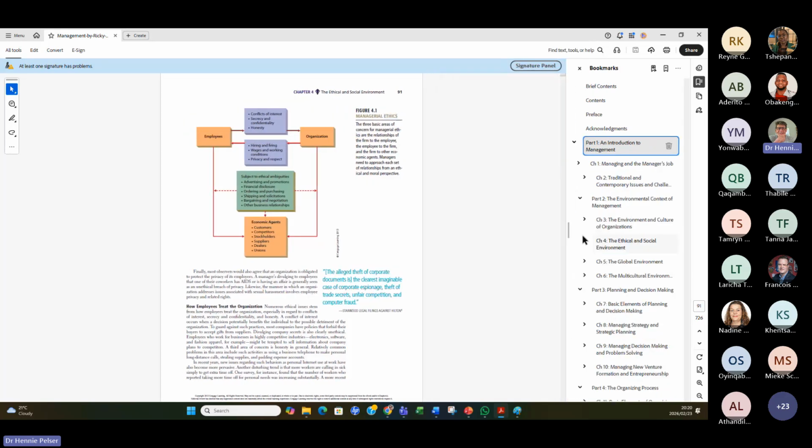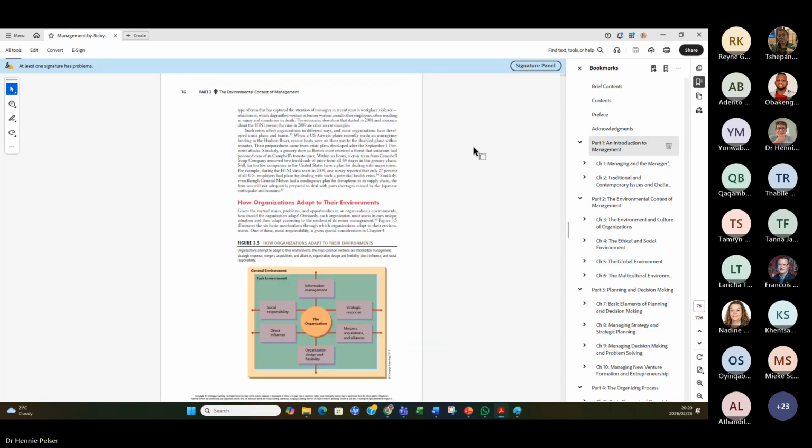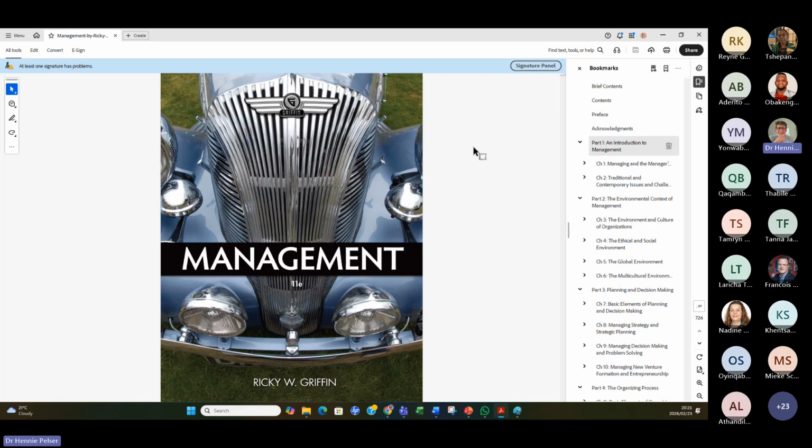It doesn't really matter. The editions have not changed much. So we've got the 11th edition here. I don't know what edition your textbook is. This one is absolutely fine. And remember, I set the assignments and I use this for the rubrics, guys.